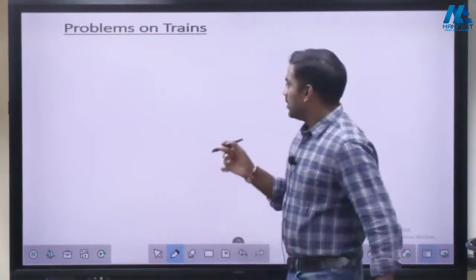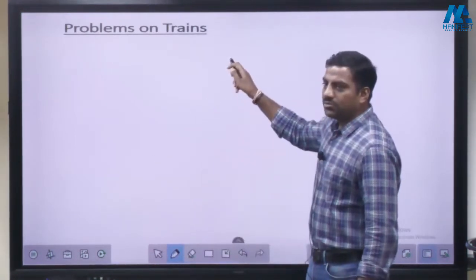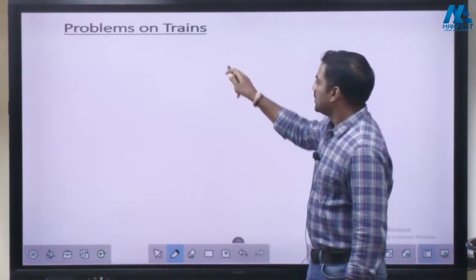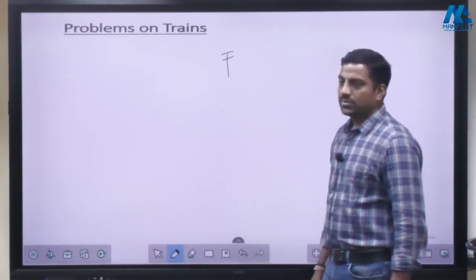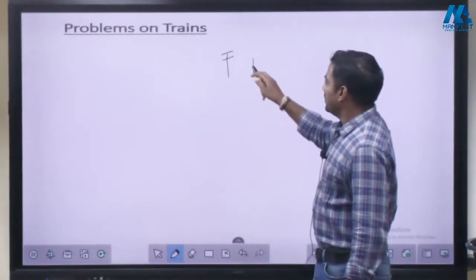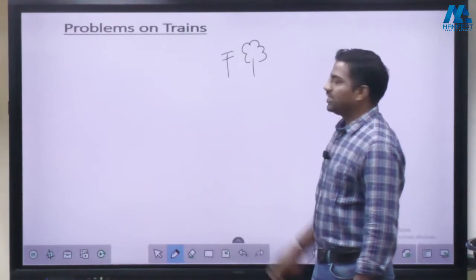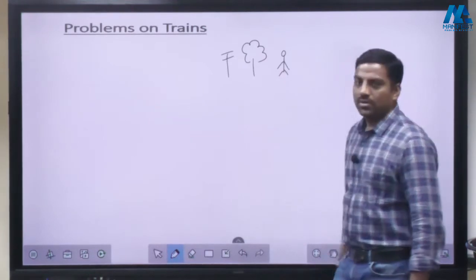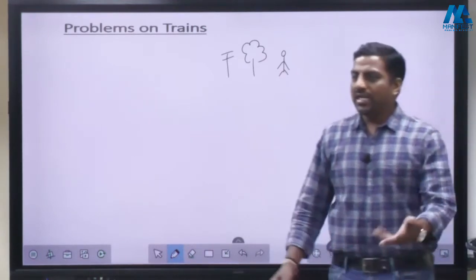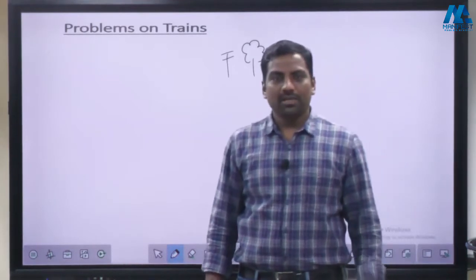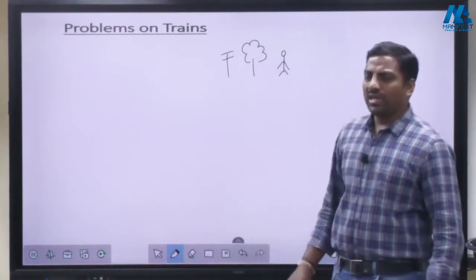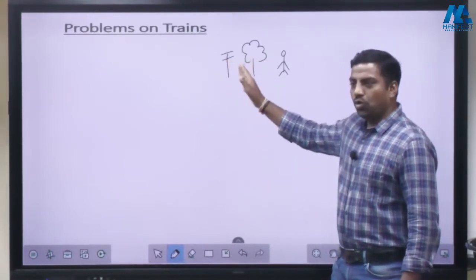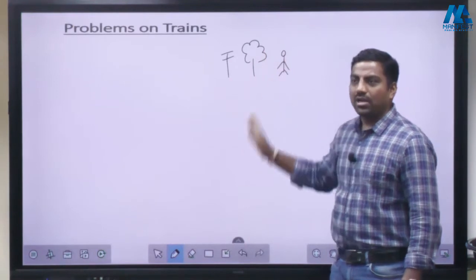See, if you take any object by the side of the road, maybe an electric pole, or a tree, or a man, or any car, bike, or bus, can you calculate the time taken by that moving object to cross this pole or tree or man?